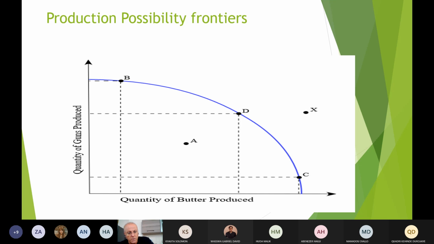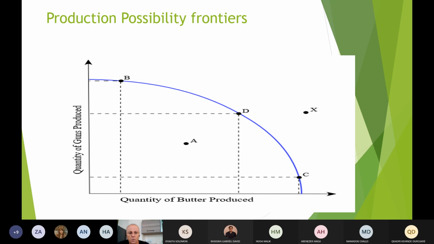I have to speak a little more slowly because you are requesting me to, and it will be better for you. Point A is the capacity where they are not working fully, and point X is overproduction. The producer cannot achieve this production if they are not enlarging and increasing their production factors or the existing conditions.